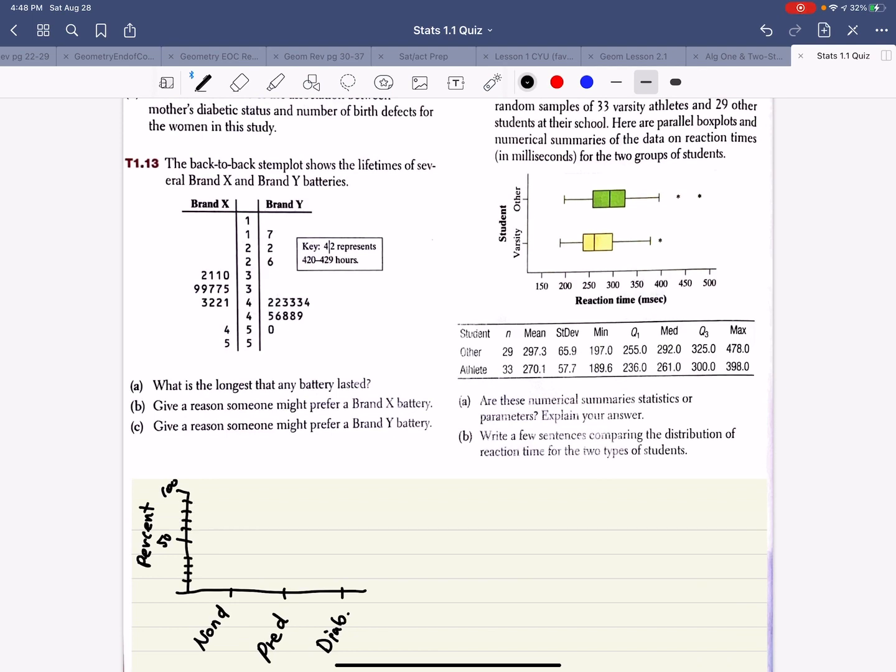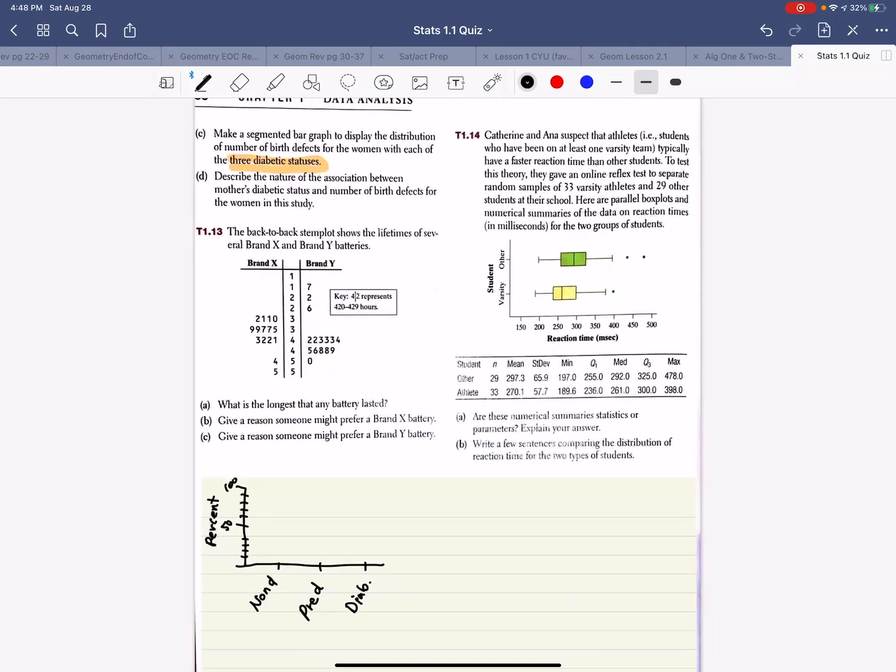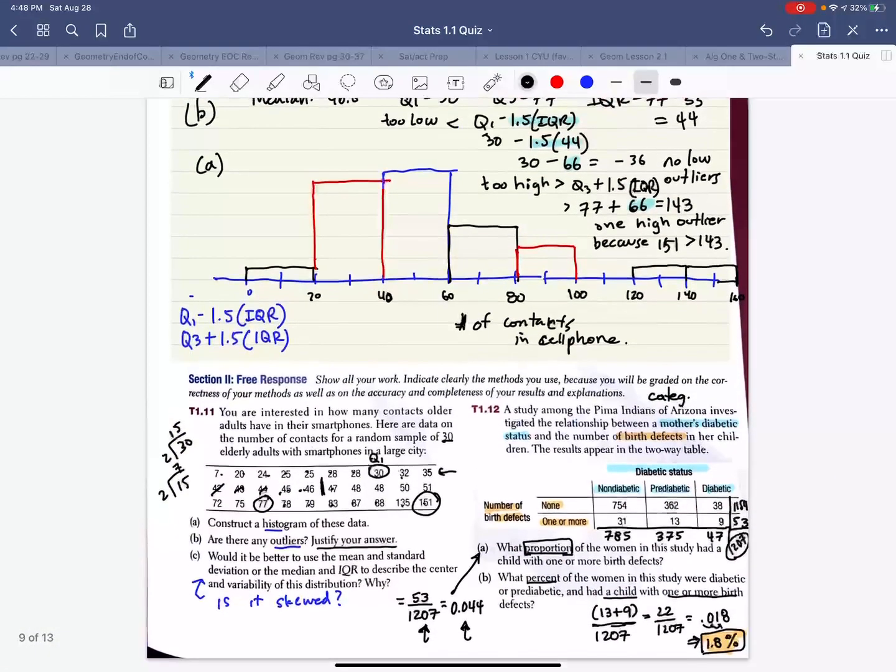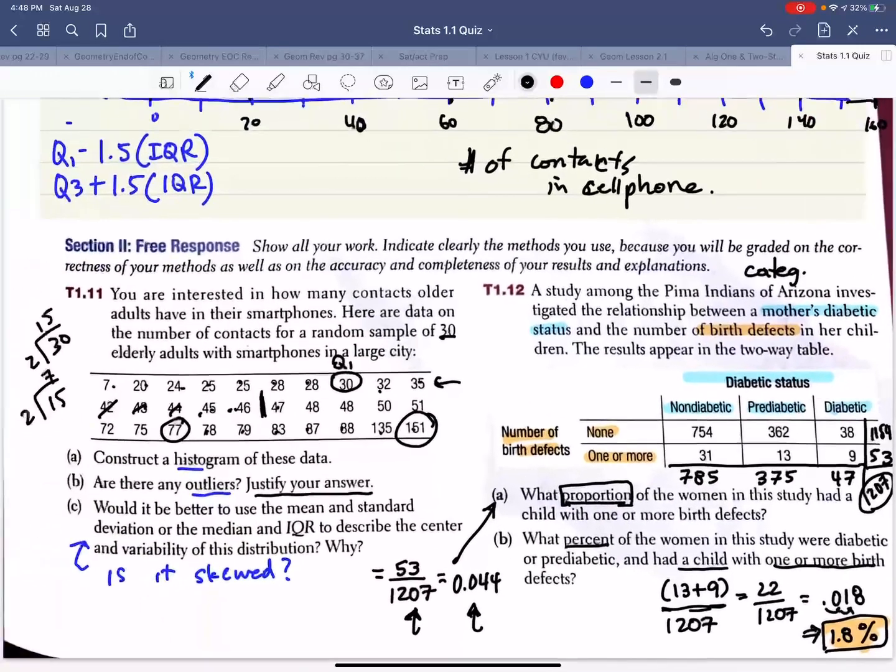Okay. Now I go back to my information, right? And I'm going to turn these into percentages. Showing my work here, I want to know the percentage out of all of the non-diabetics. What percent said none?